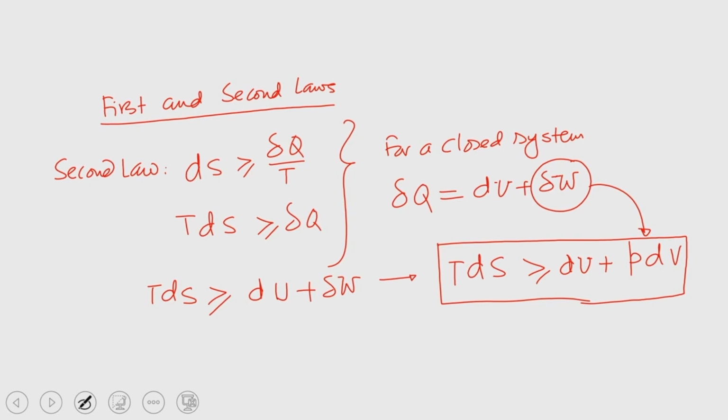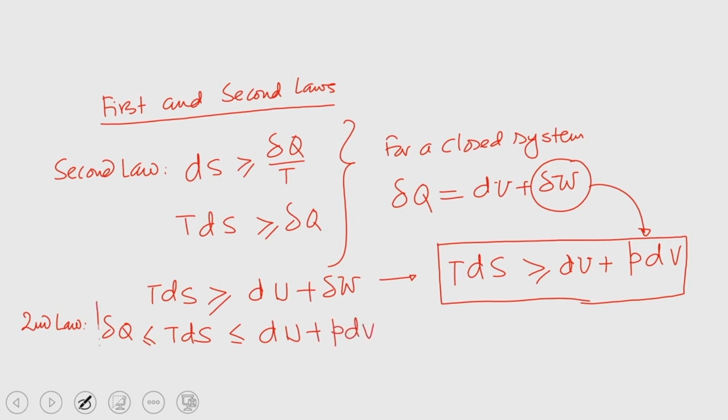We can write that delta Q is less than or equal to T dS. This is the second law. And from the property relation we can write T dS is equal to du plus P dV. So, this is less than or equal to du plus P dV.